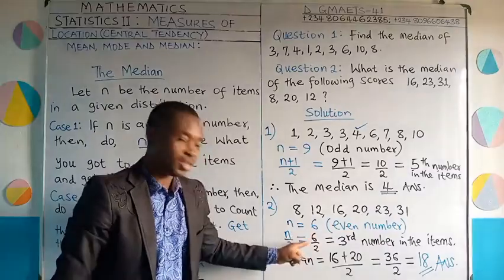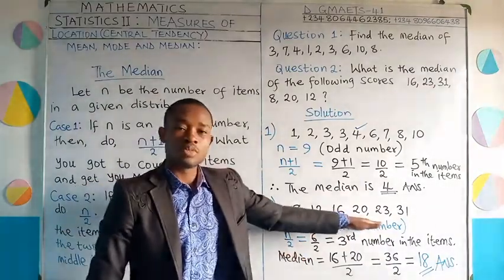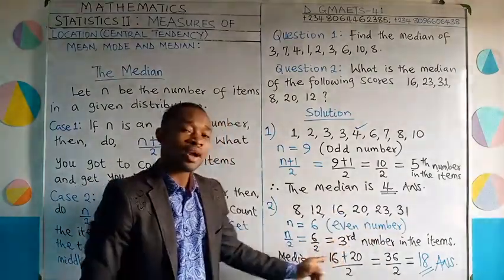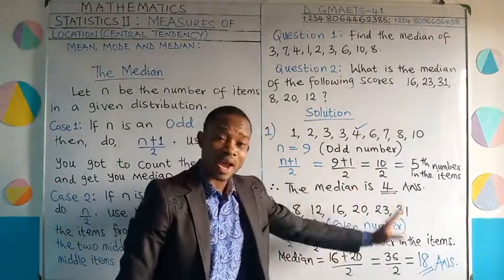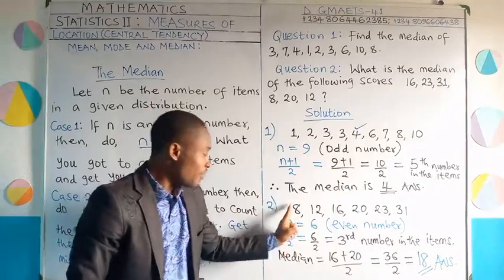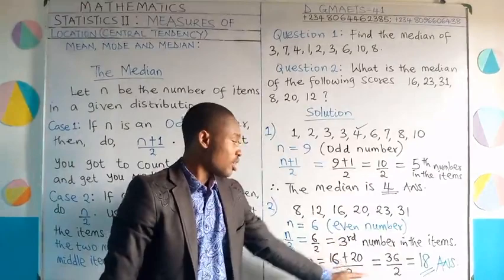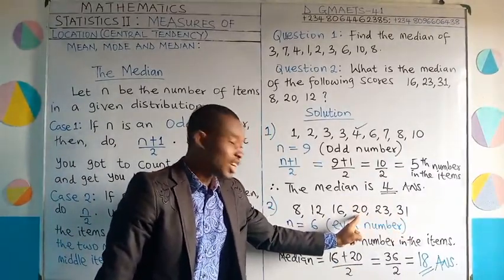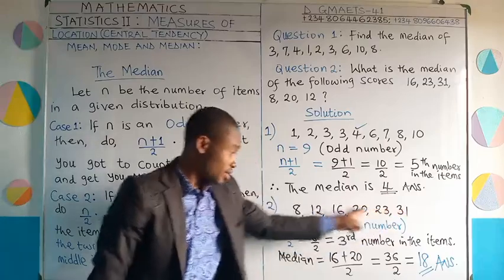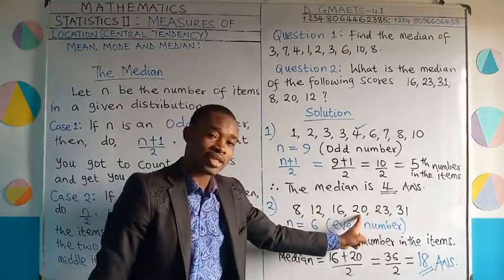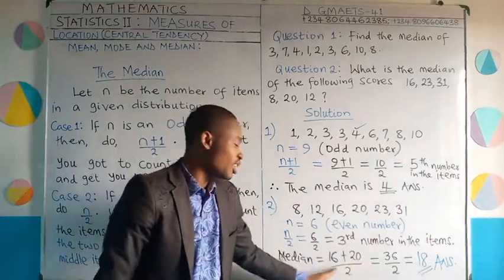But because this is an even distribution, that third number you will count from left to right and from right to left. From left to right, the third number is 16. So you write 16 plus, from right to left, the third number, which is 20. So you have plus 20 divided by 2.